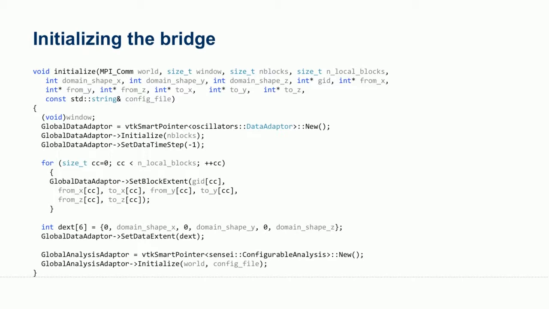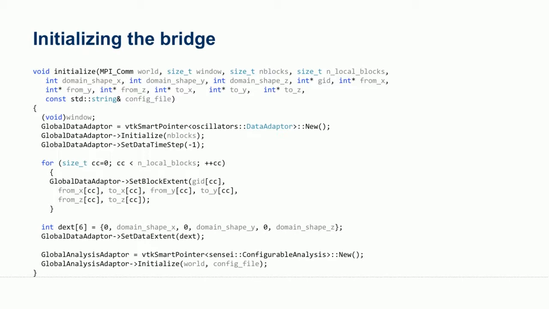So our initialize function, let's dive down into that for a sec. We need to pass in the communicator, the number of blocks that we're going to run with, the number of local blocks, the length of the whole box size, and a config file, and these integer pointers.